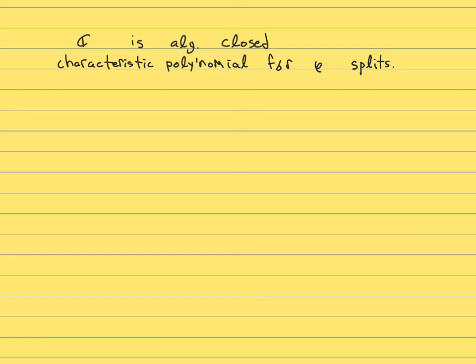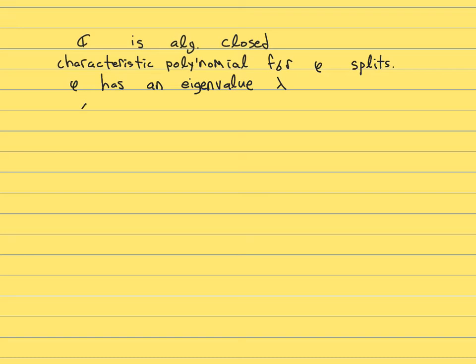In other words, if you have a polynomial equation over the complex numbers, it must have a solution. The point is, phi has an eigenvalue. So we need this part because if you're working over real numbers, it's possible for linear transformations to have no eigenvalues, surprisingly enough.